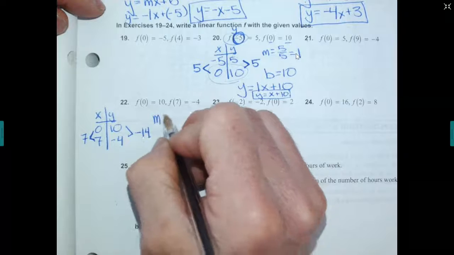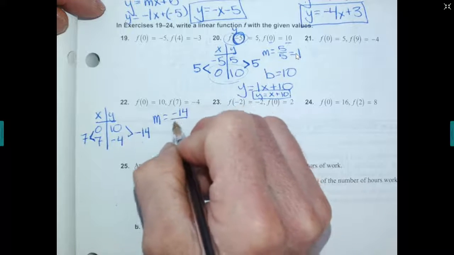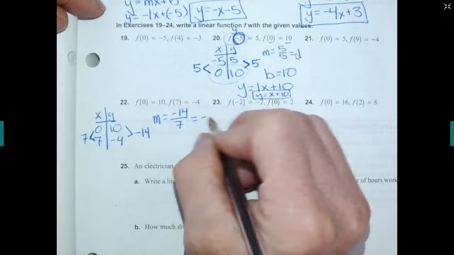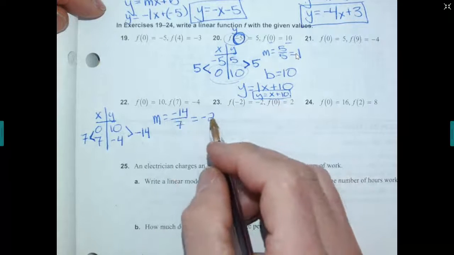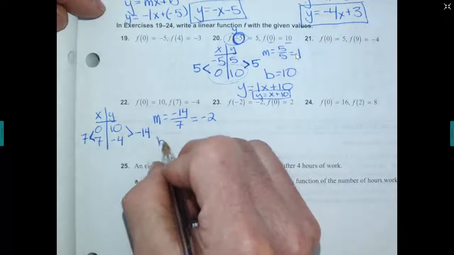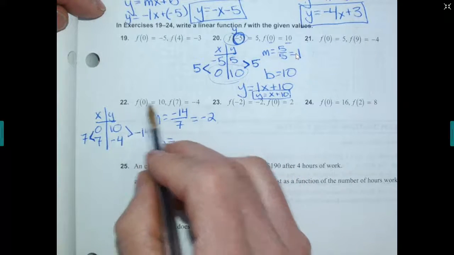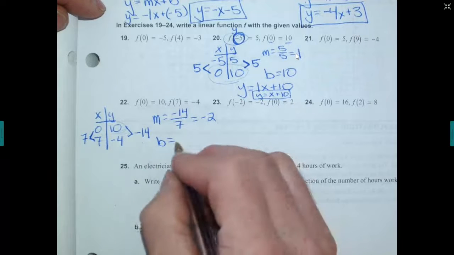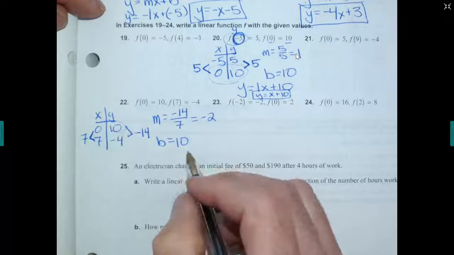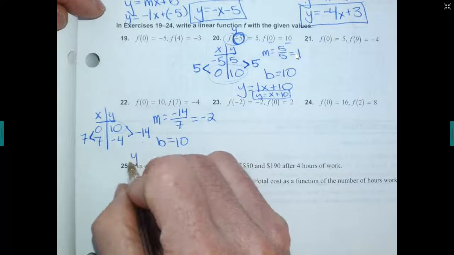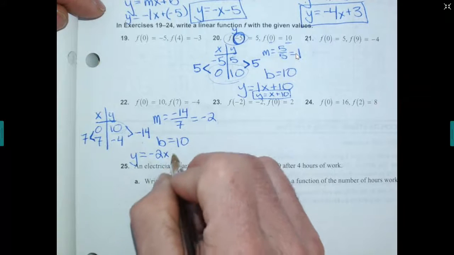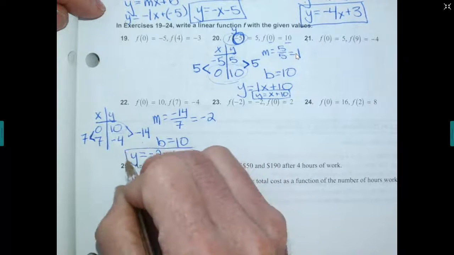So my slope is negative 14 over 7, which is negative 2. 14 divided by 7 is 2. Negative over positive is negative. And then my y-intercept is right here, 0, 10. And look at that, I got another y-intercept of 10. So I have y equals negative 2x plus 10.